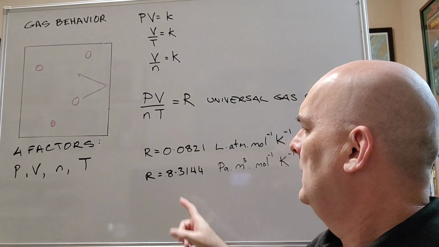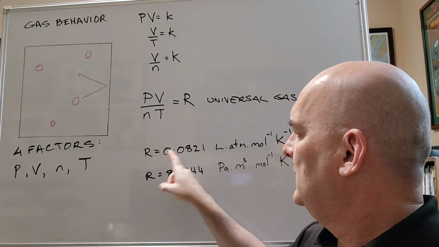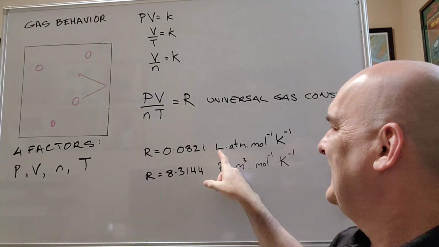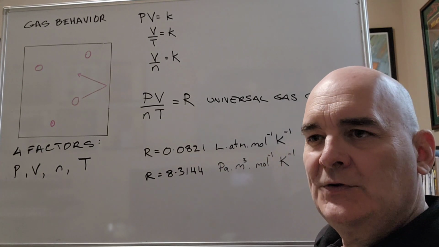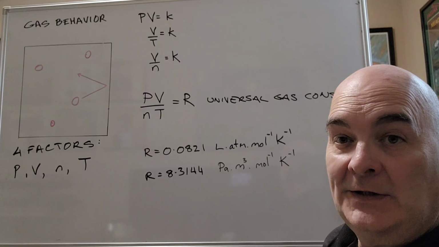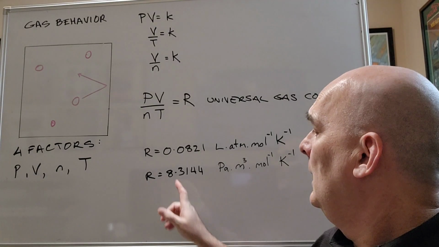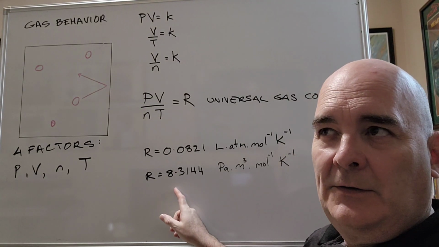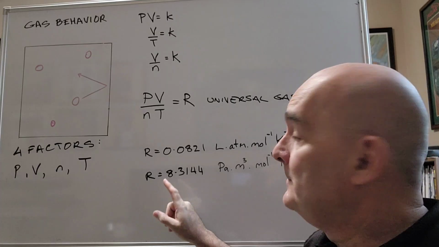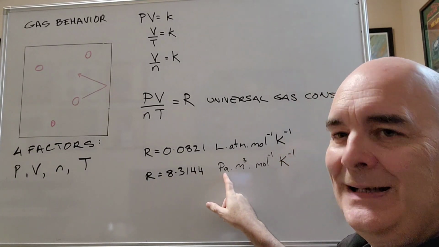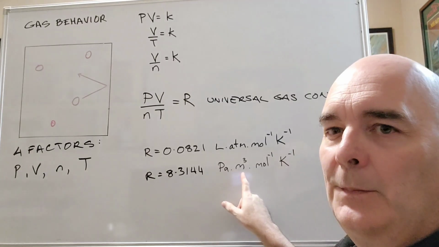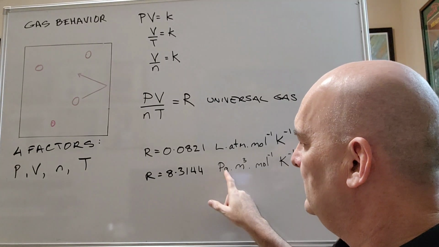So the 2 common ones are R is 0.0821 liter atmospheres per mole per Kelvin. This is the one that we use in Chemistry 1 because it's the most straightforward. But the one that's better is R equals 8.3144 pascals per cubic, not per cubic meter, let me say that again.